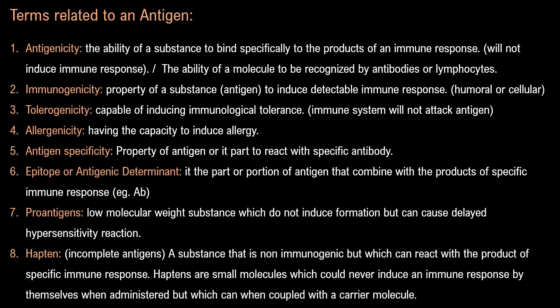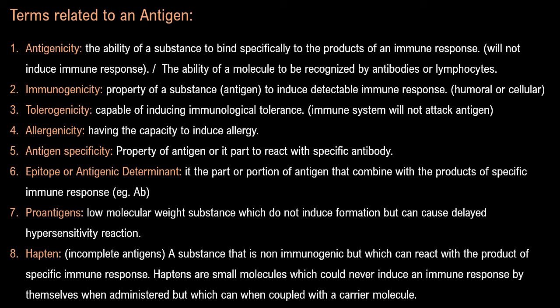They will not induce an immune response, but our blood contains some products of immune response circulating throughout our body. These antigens will simply bind to those products. They will not trigger immune response reactions. That is antigenicity, the ability of a molecule to be recognized by antibodies or lymphocytes. Just the binding will happen.